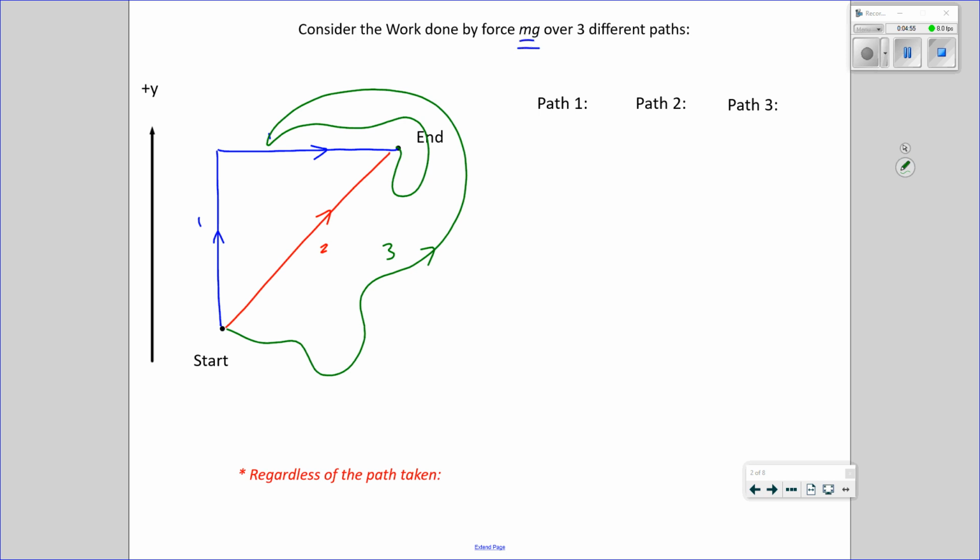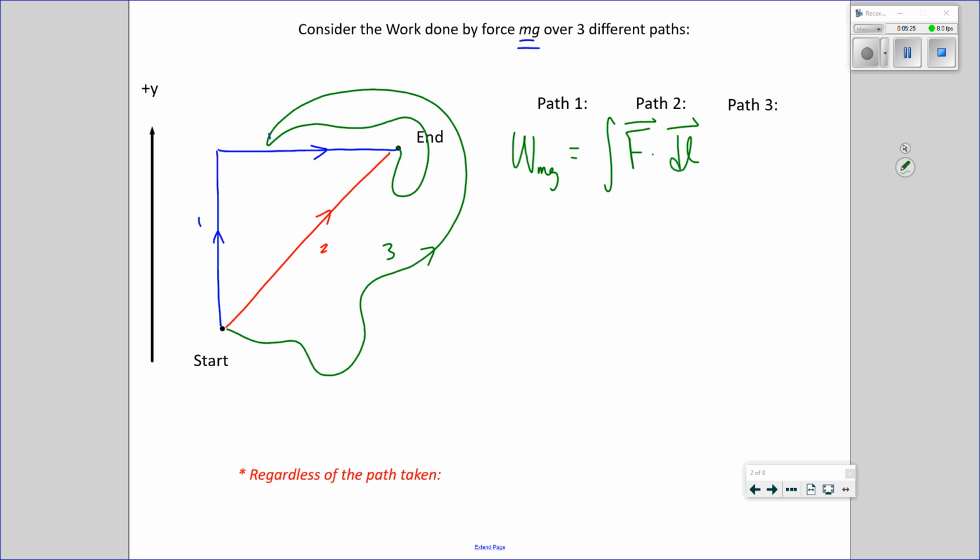So let's take path one and talk about the work done by mg. Well, we could simplify to a statement like F dot delta x, but let's be explicit and say, by definition, the work done is the integral of F dot, and I'm going to use our text notation, dl.